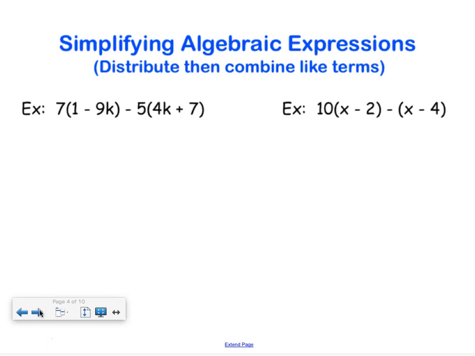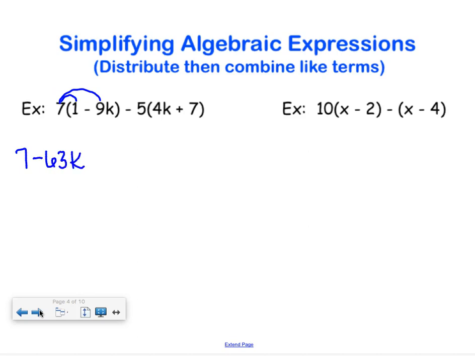Okay, and then we have one more set of examples here. So this time we're kind of combining both ideas together, the distributive property, and then we're going to combine like terms. So first we need to distribute this 7 through here. Okay? So 7 times 1 is 7. 7 times negative 9k would be negative 63k.